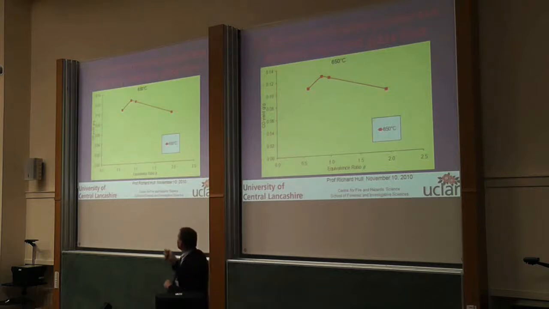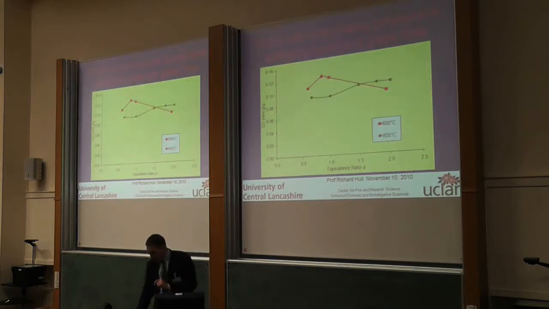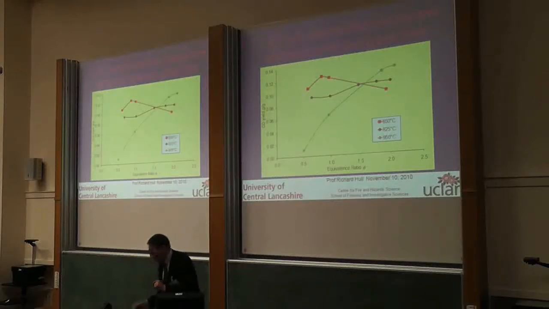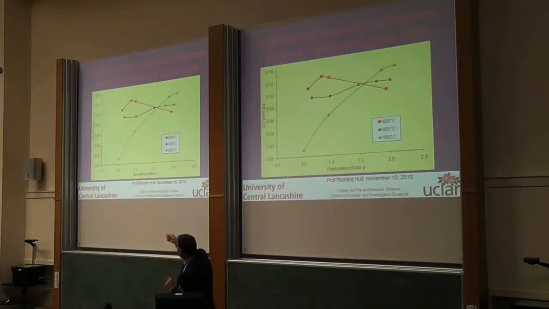Okay. If we take the same thing, this is a sample of nylon 6,6 that contains brominated polystyrene, about 20%, some antimony oxide, which is carcinogenic, and glass fibre reinforcement. And we see that we get fairly high yields of carbon monoxide consistently, whether we've got well-ventilated flaming or under-ventilated flaming. And as we go up to 825, we get slight changes in the behaviour, and as we go up to 950, again we get this falling off.